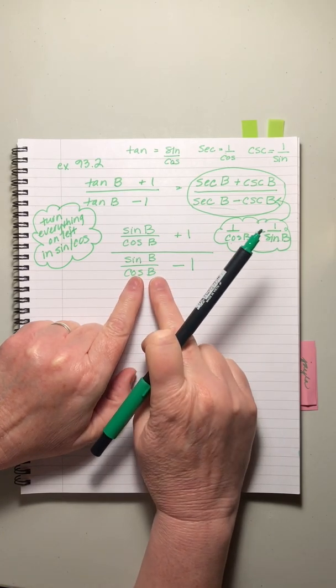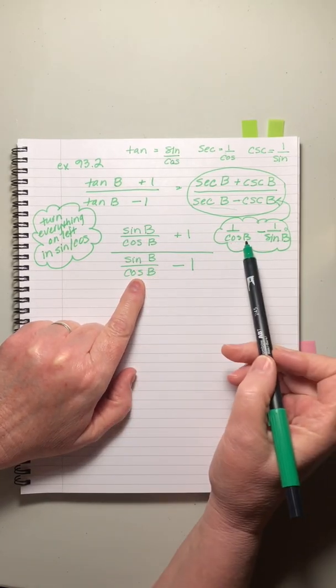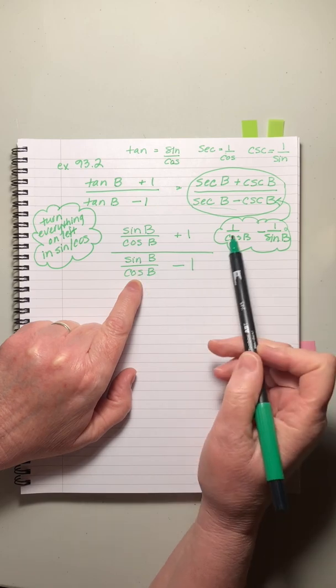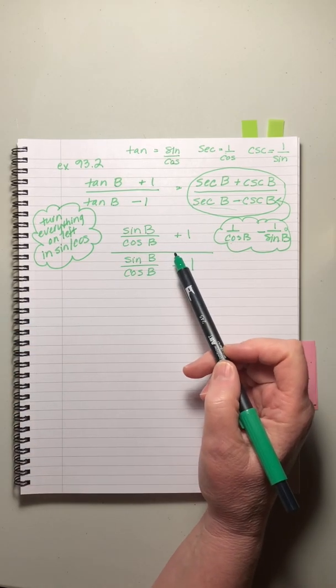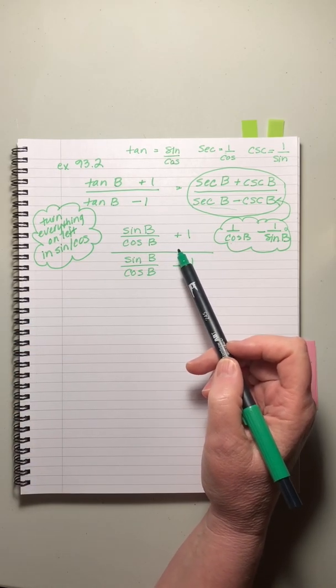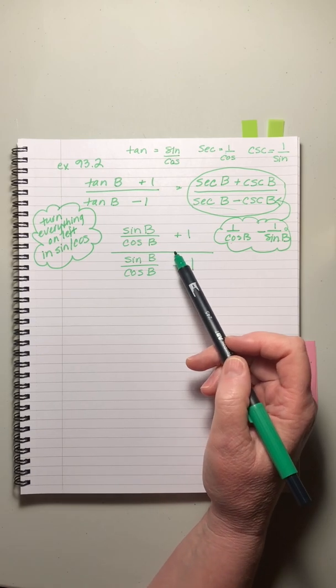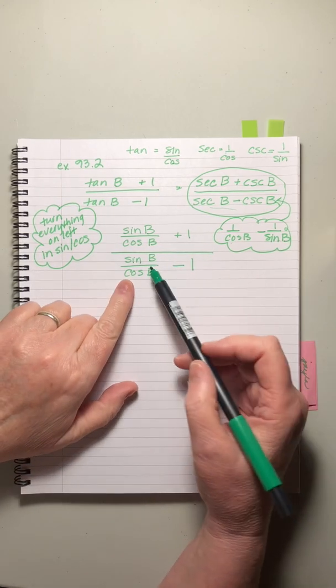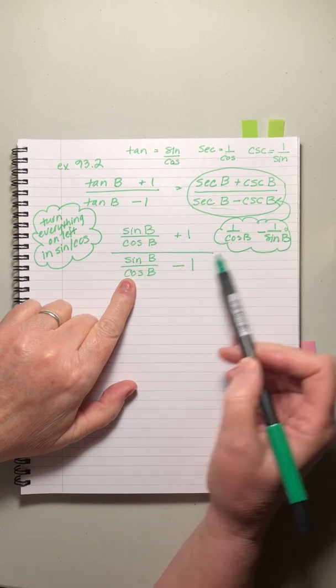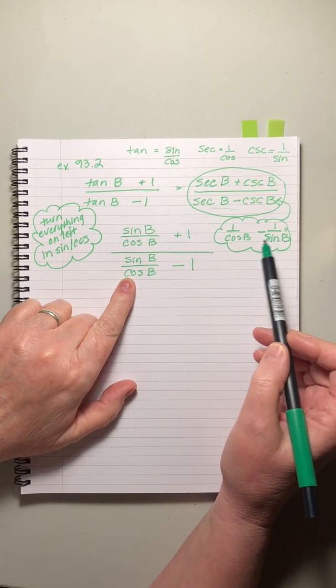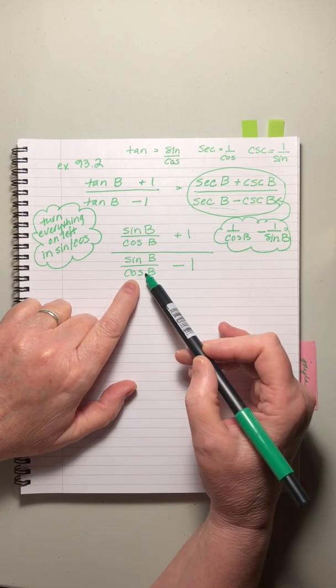This looks good, right? This cosine B, this is what I've got on the bottom. That's what I want. And again, I'm paying attention to the denominator first, and I'm hoping that the numerator will just fall into place. So I'm comparing this expression down here to this, and I'm saying, I've got this.